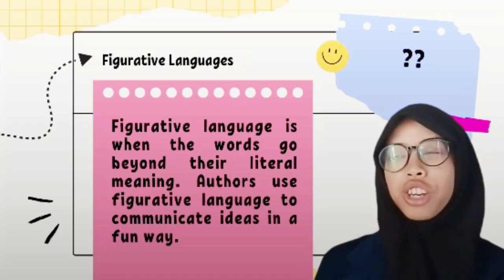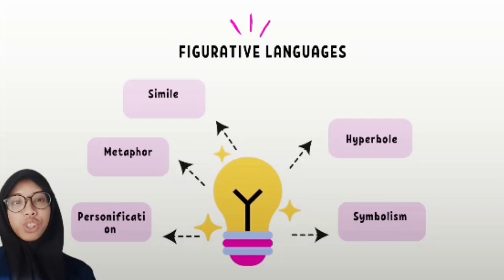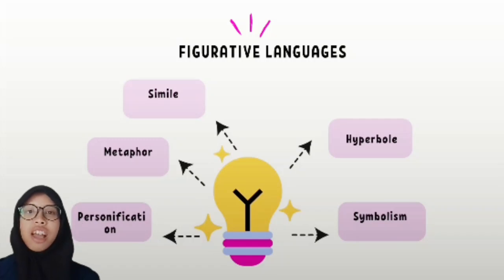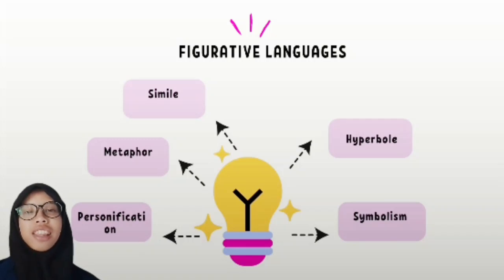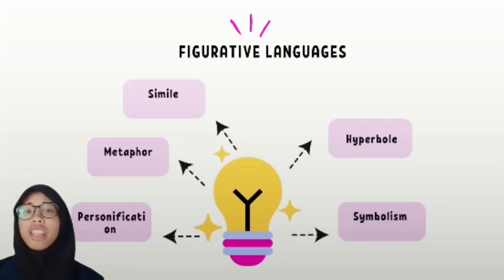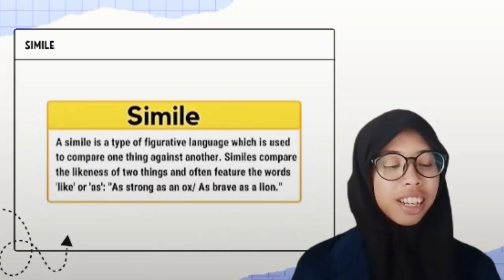As you can see on the screen, there are 5 figurative languages that we will learn today: simile, metaphor, personification, hyperbole, and the last is symbolism. So what are they and how can you differentiate them? Now let's start with the first type, that is simile.